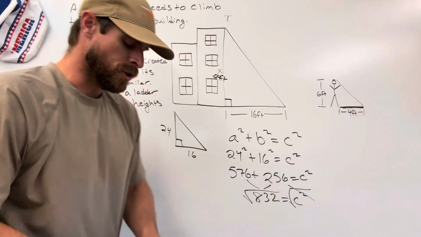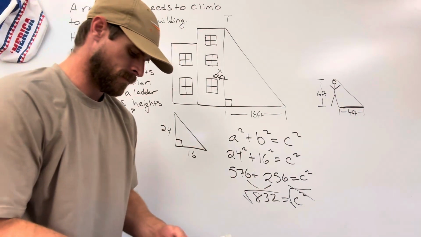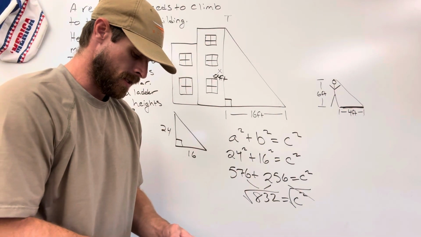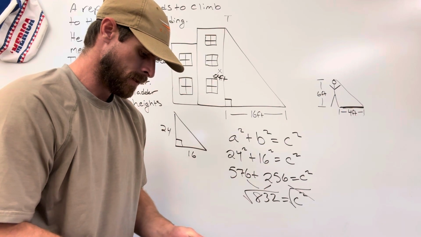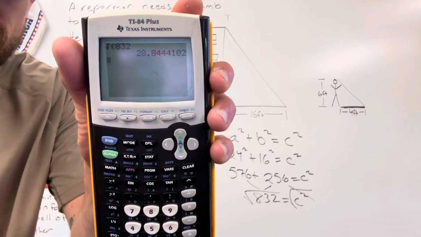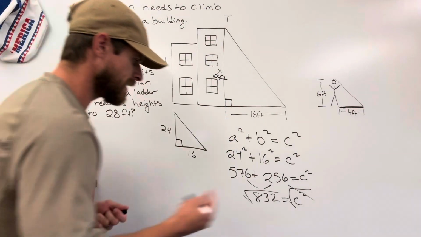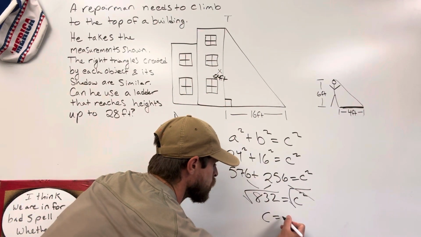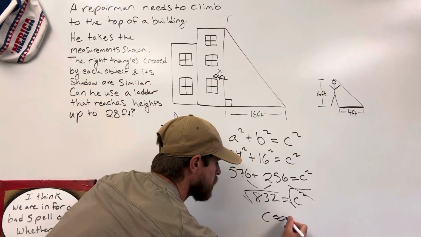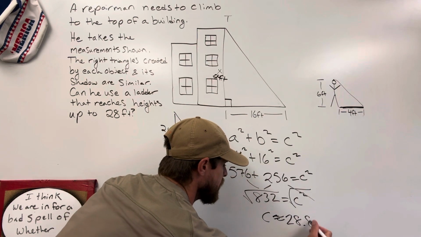Square root of 832. Grab your calculator. Square root 832 is 28.844. So I'm just going to say C is equal to approximately 28.8.